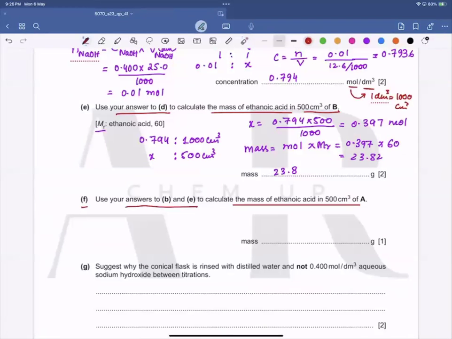So from part B, what information are we getting? That the volume of A is 25.0 and the volume of B is 12.6. Can anyone divide it and tell me the answer? Tell me the factor by which they differ.